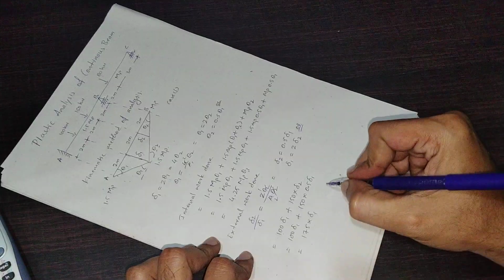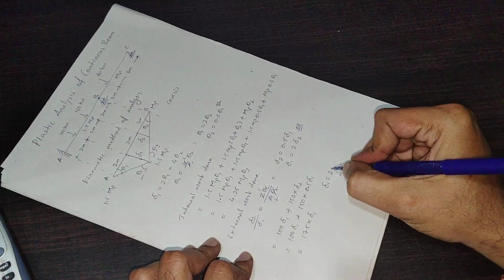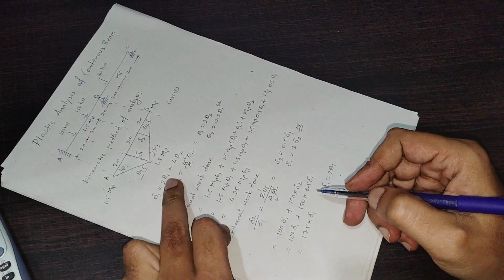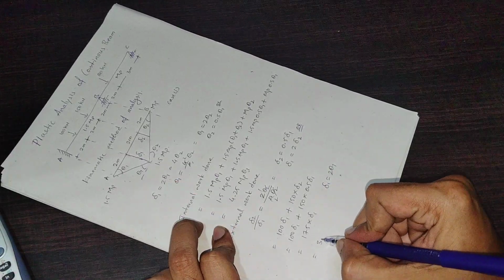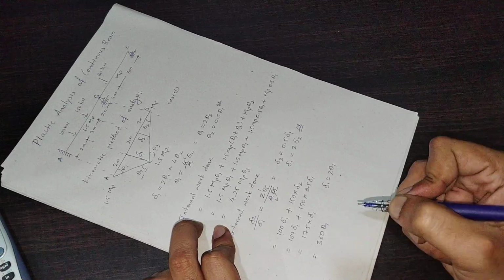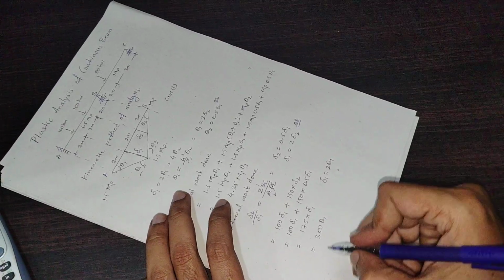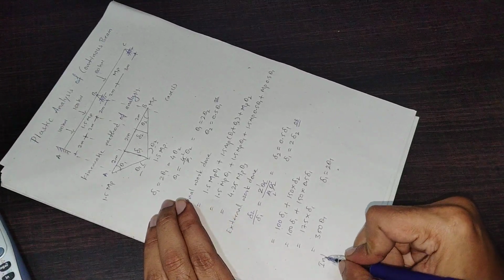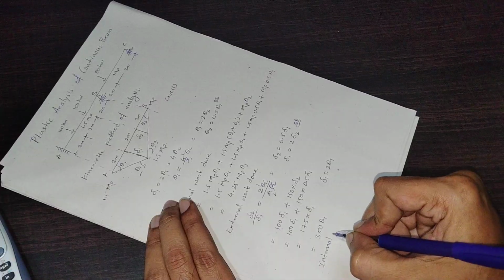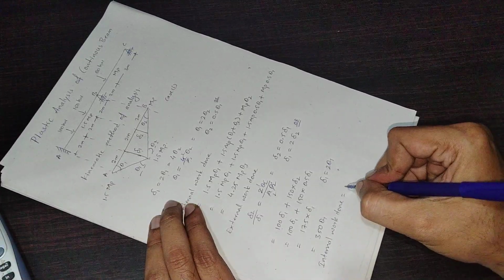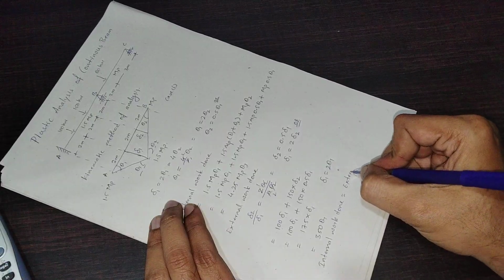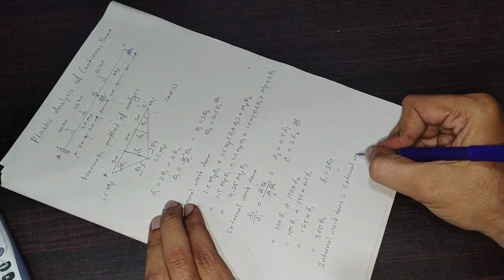So delta 1 equals 2 theta 1. This value I am going to substitute. So it is 350 theta 1. Now internal work done equal to external work done.